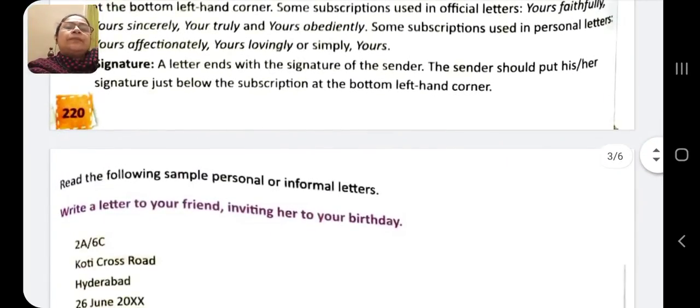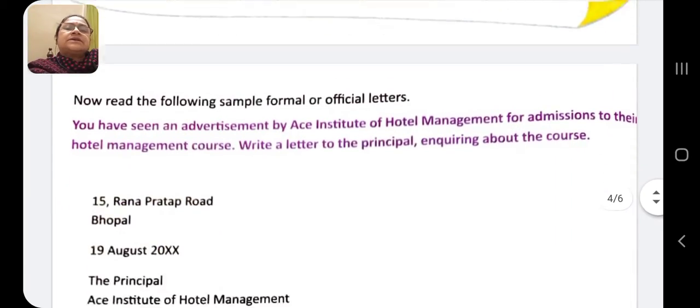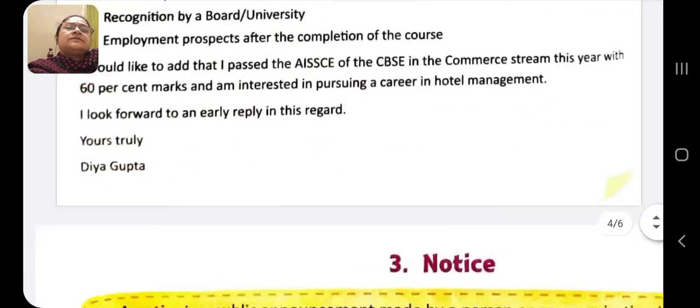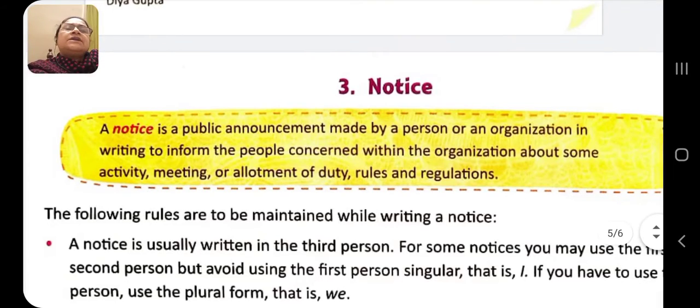Now coming to another piece of writing skill, that is notice writing. What is a notice? A notice is a public announcement made by a person or an organization in writing to inform the people concerned within the organization about some activity, meeting, or allotment of duty, rules, and regulations.